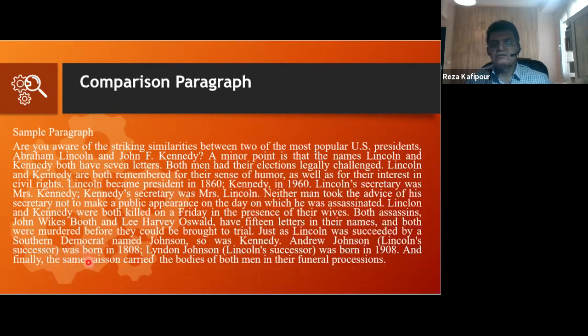So using the structure same to show similarity. So actually it is a typical paragraph to discuss similarities or comparison between two persons or two things based on the structure we discussed before.